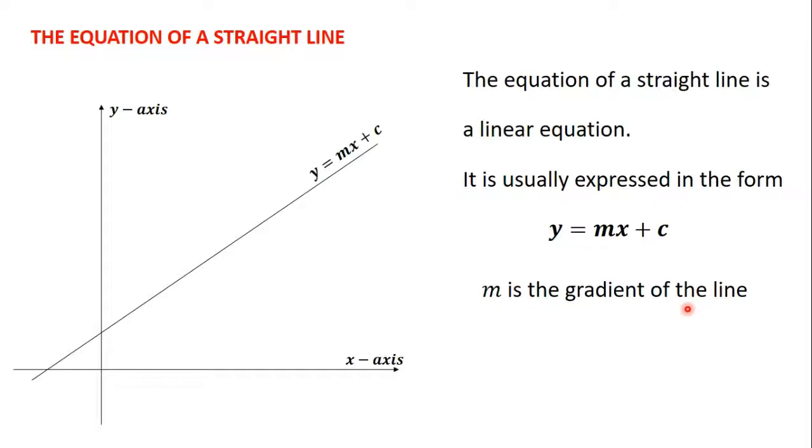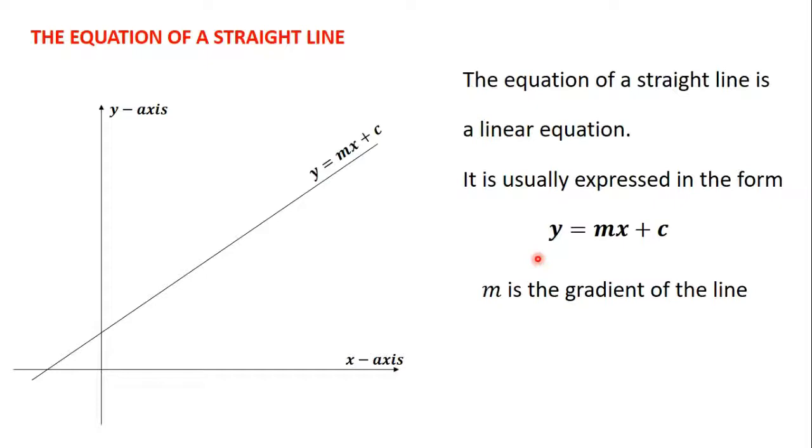In the previous video, we learned how to find the gradient of a line joining two points. So when you have the equation of a straight line and you express it in the form y is equal to mx plus c, m is the gradient or slope of the line.